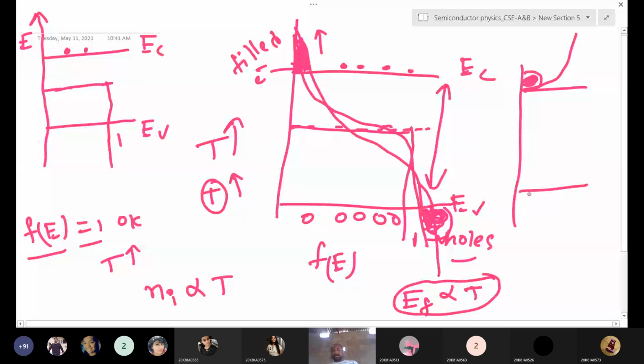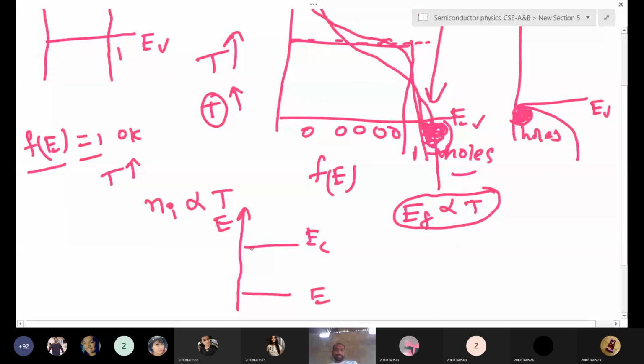If somebody asks you to draw the density of states diagram for an intrinsic semiconductor, you just have to draw this: this is the conduction band, this is EC, and this is EV, with the energy axis. The density of states is parabolic. In the derivation we have written Z(E) equal to 4π by h cube, 2m to the power of 3 by 2, E to the power of half.